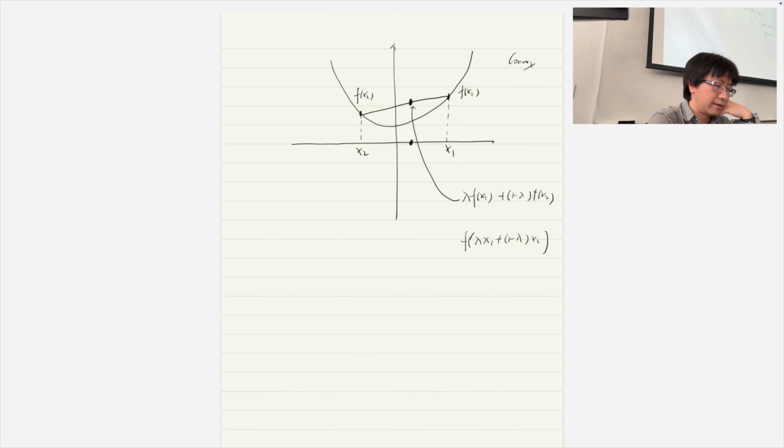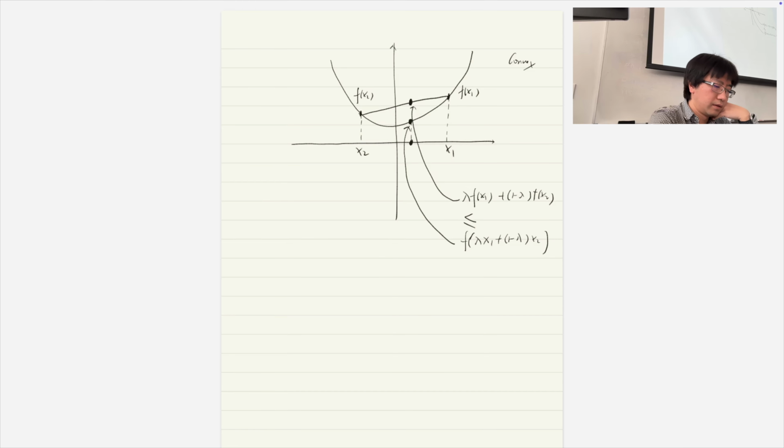And the f of that would give you the value here. So this is this guy, and clearly in this case we have this relationship. It basically means that this function is convex, and it has to look like this shape.